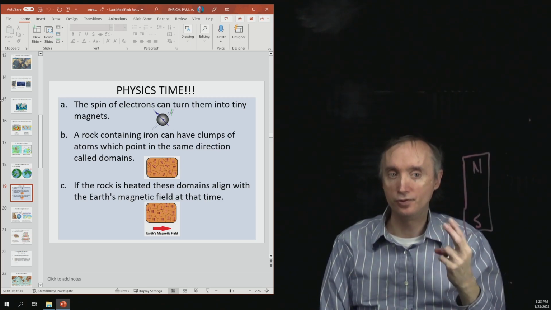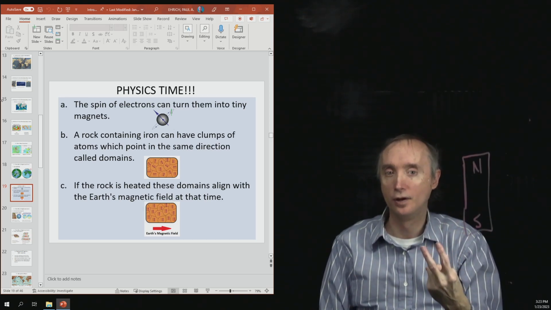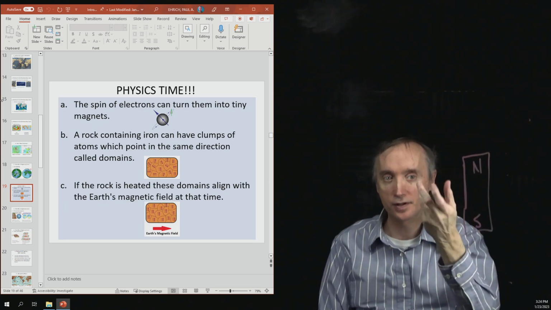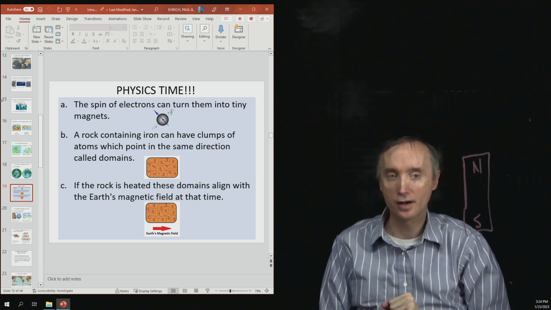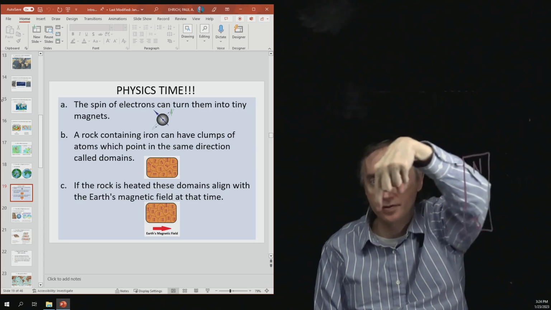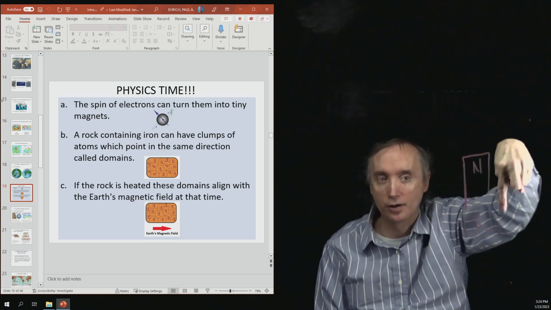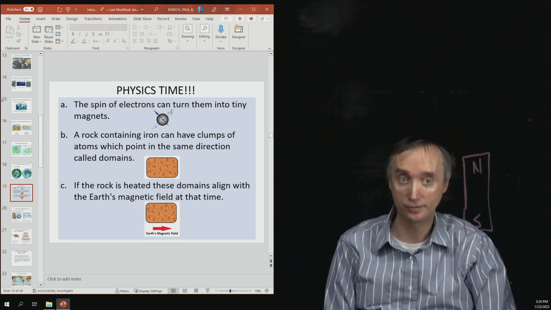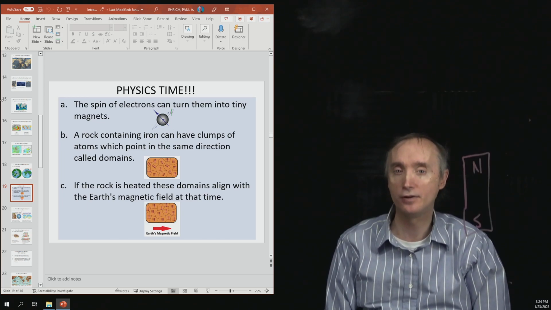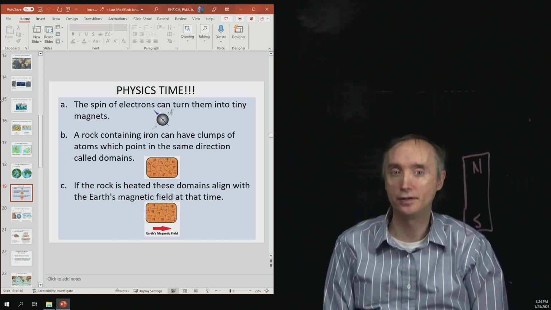Now, there's two different ways of making magnetism. One is if this electrical object is spinning, and another kind of magnetism is if this electron is going around and around because it's orbiting the nucleus. Well, it turns out that it's the spin that's the most important.